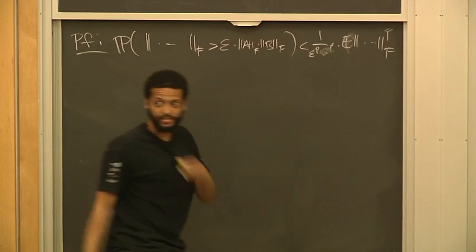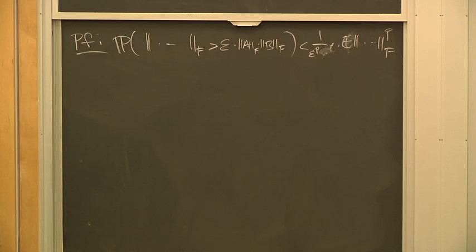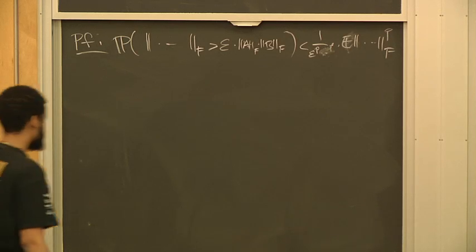This is just Markov. So really it just boils down to bounding that pth moment of the Frobenius norm. Okay, so let's focus on that.